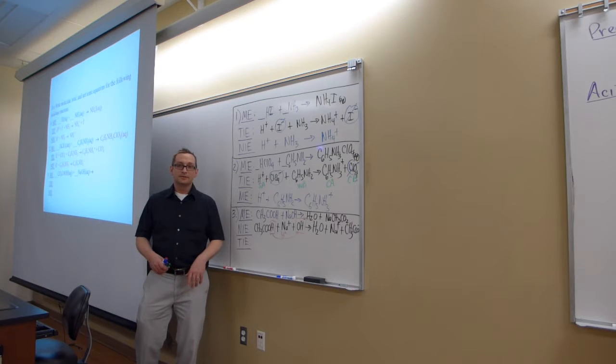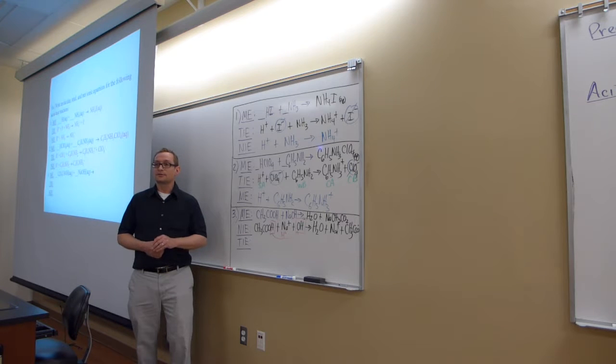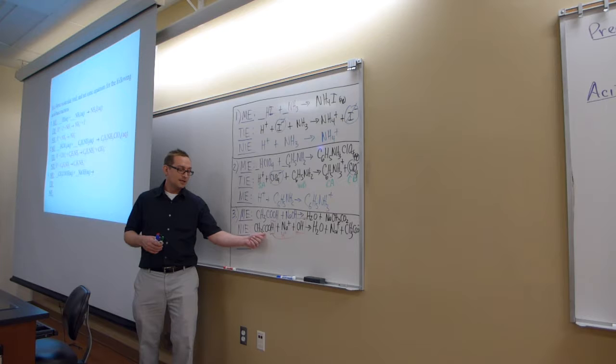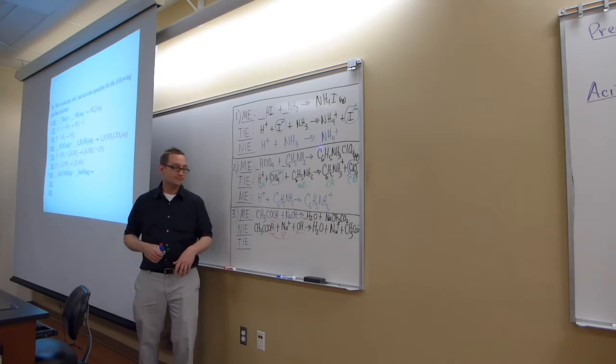When we get to chapter 9, we'll get to Lewis structures, and you'll see a Lewis structure for acetic acid. It's essentially a carbon double bonded to an oxygen and single bonded to the other oxygen, and the single bonded oxygen has the hydrogen on it, and that one just comes off easily.